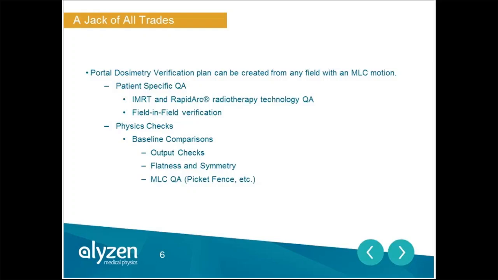Anything that the MLC moves, we can do a prediction and therefore take an image and get a comparison. But maybe a little less common knowledge is that portal dosimetry can be used for physics checks with this. We could do any kind of baseline comparison. There's a set baseline tool in the portal dosimetry module that can be really useful to us.